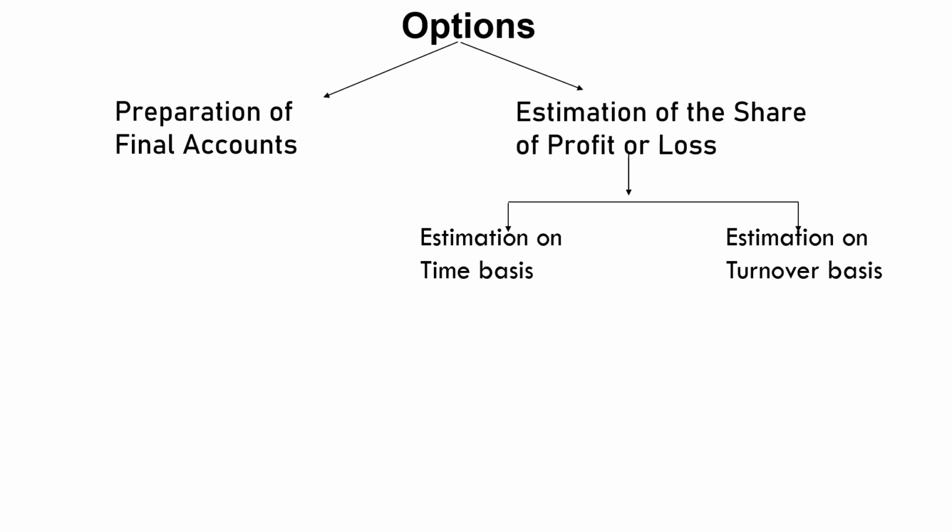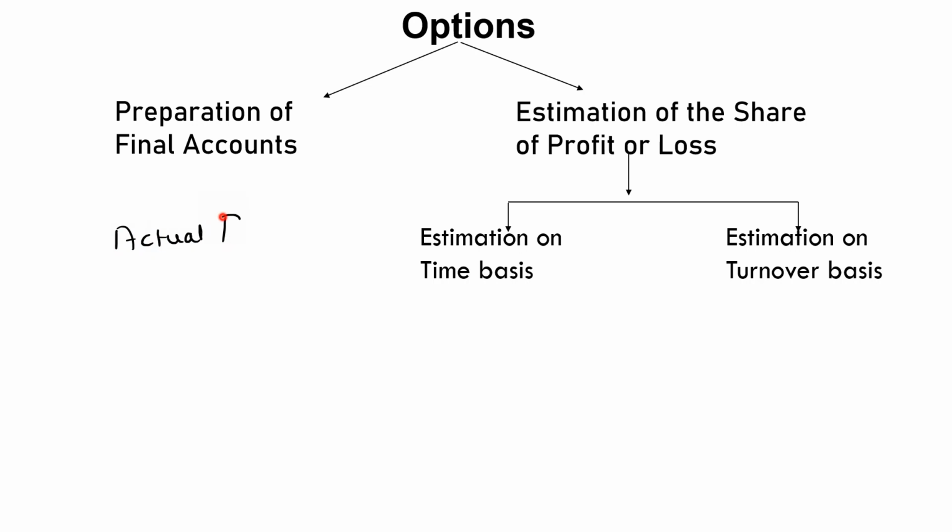When we're talking about preparation of final accounts, what are we going to do? A firm may decide that whenever there is a death of a partner, on the date of death they will close the books of accounts, like it is closed at the end of the year on 31st March. Instead of 31st March, on the date of death of the partner, they will close down the books of accounts, prepare the final accounts, and find out the actual amount of profit or loss.